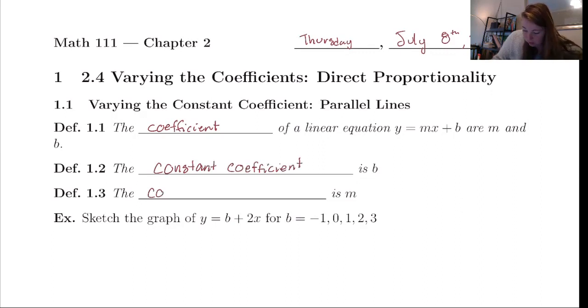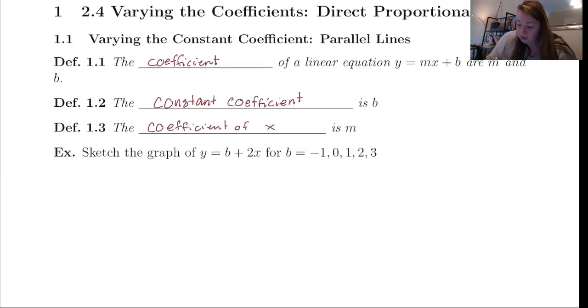So the constant coefficient is b, and the coefficient of x is m. Constant coefficient is b, so no x involved, right? That's what would be a constant coefficient, or in other terms, just a constant. And then a coefficient of a variable is that number that's out front. So in this case, the coefficient of x is m, because that's the number in front of x.